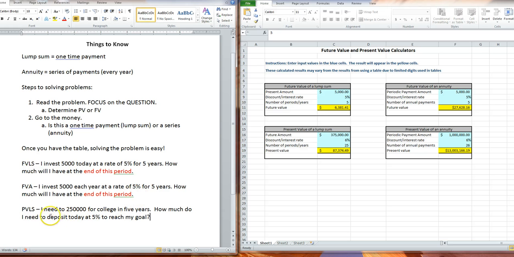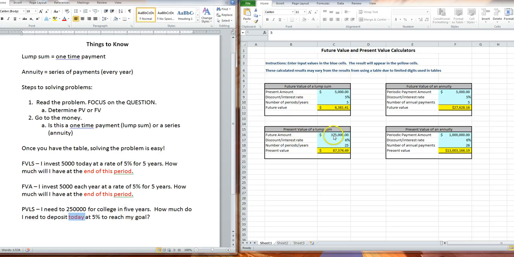So I've told you that 5 years from now, out in the future, I need $250,000. That's what's known. The question is how much do I need to deposit today or now so that I can reach this goal? Different, okay? I want to know today. Today is present value.